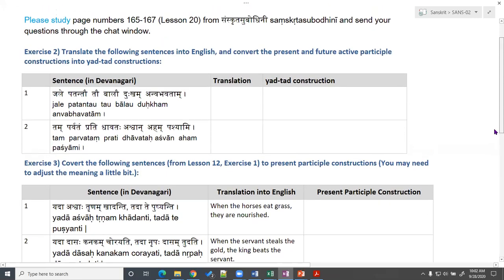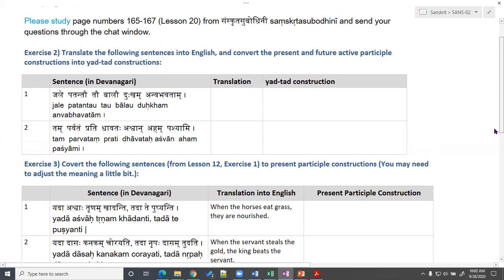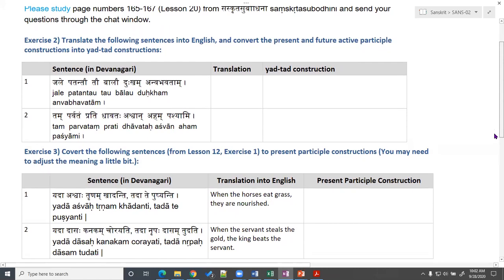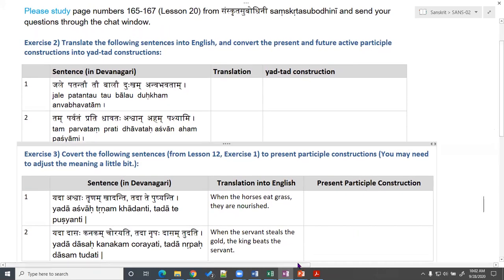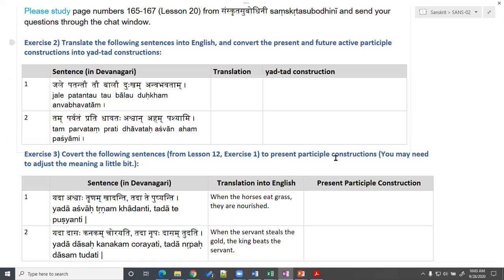For the forms of the participle, you can refer to lesson 20, pages 165 and 166 from the book. These are two sentences from the home exercise. If you translate, and I'll cover them after the class, you will get an idea of how to do the home exercises also. So with this, we'll meet at 10:15. It's a 13-minute break. Okay, thank you.